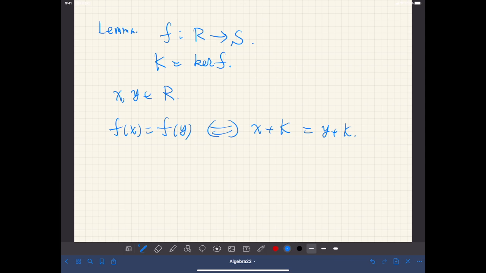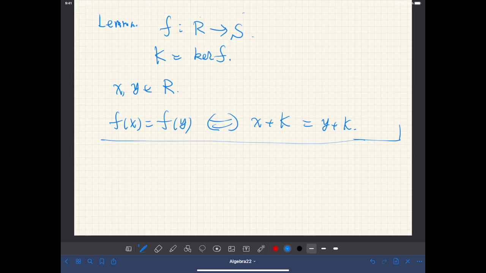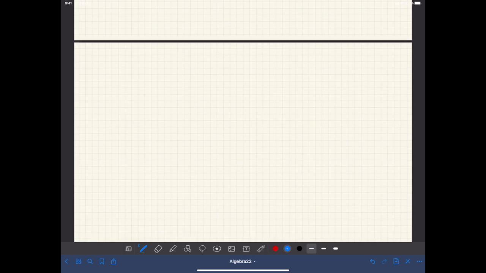So we already proved this lemma for general groups. In this lemma we are just using the property of these rings as additive groups. So this still holds. So we skip the proof and move on to the next theorem.